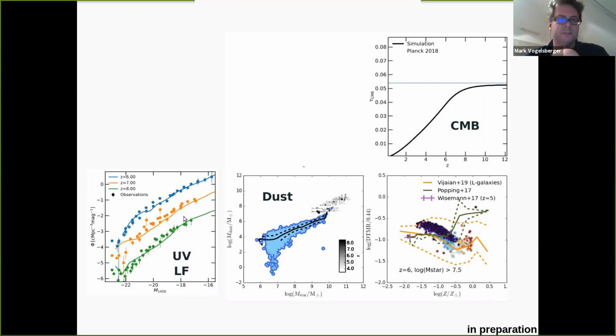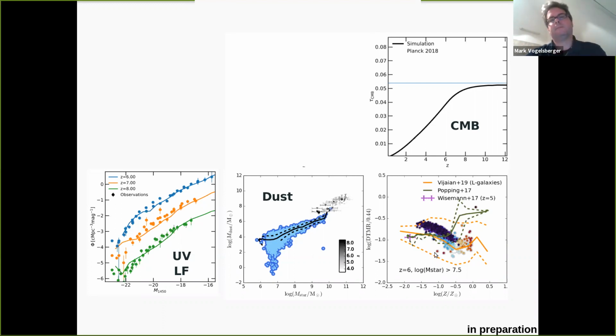Of course, this is all based on some test simulations, and it's not perfect, but it looks already quite encouraging. The same is true if you look at the dust abundance. You can also check this as a function of stellar mass, plotting the dust mass, and similarly plotting the dust to metal ratio as a function of metallicity.